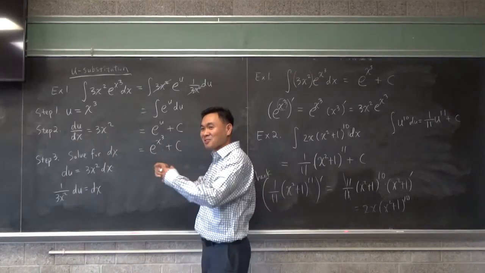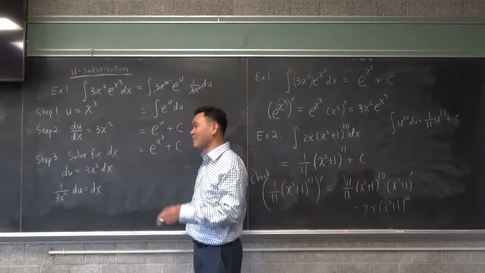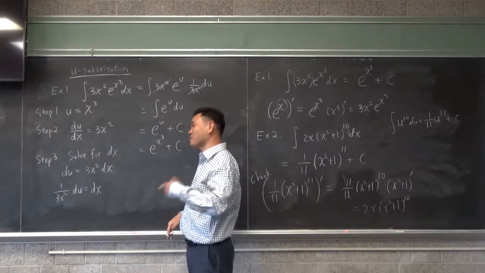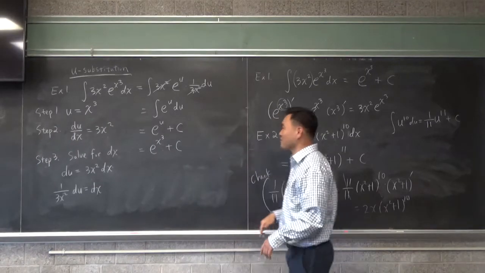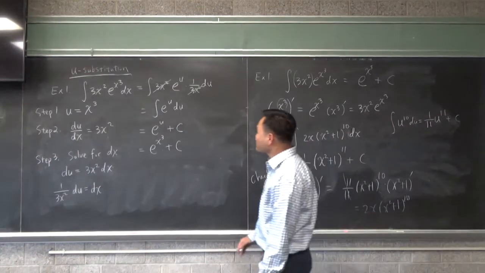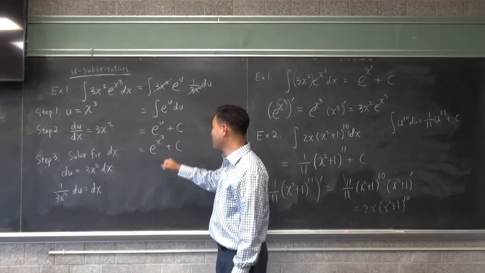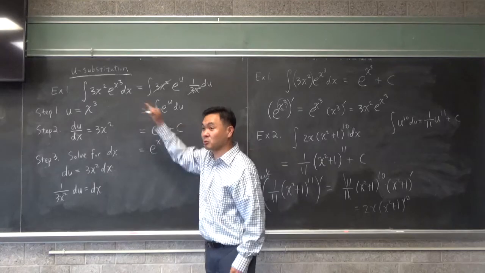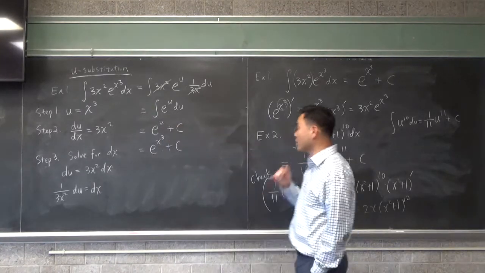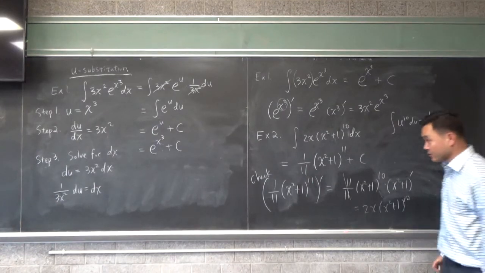You have two runners and one guy thinks that he won, so he's raising his hand, and the other guy right behind him just passes by. So he gets the silver, not the gold. All right, but anyways, don't stop here, okay? Always finish by going back to your x, because the original question was given in x. All right, so that's good.